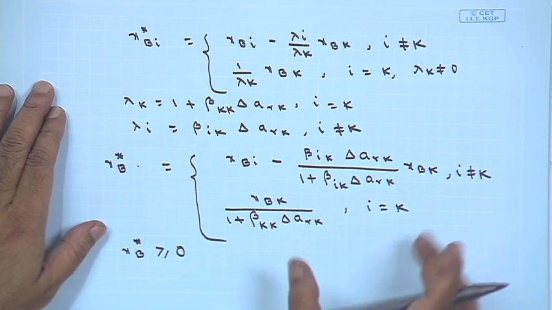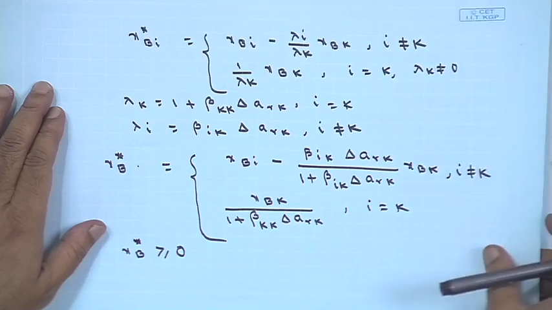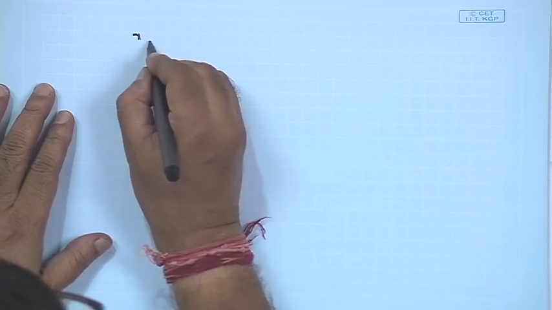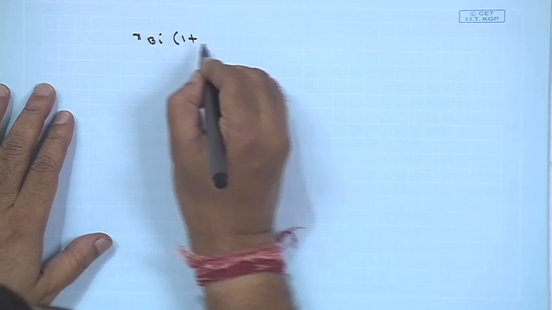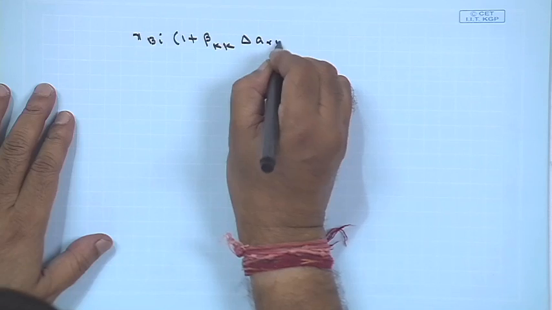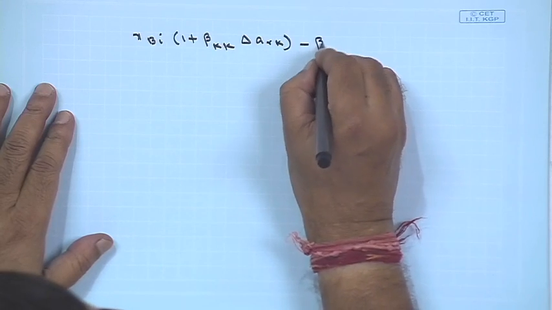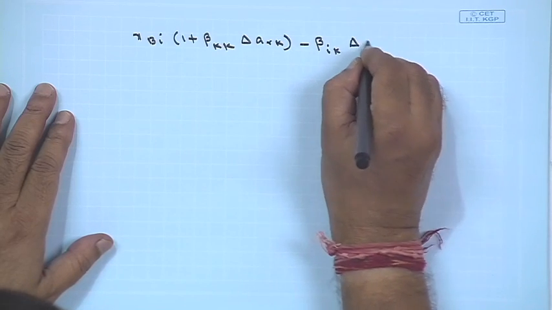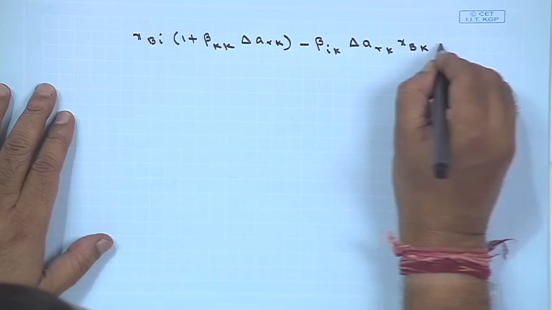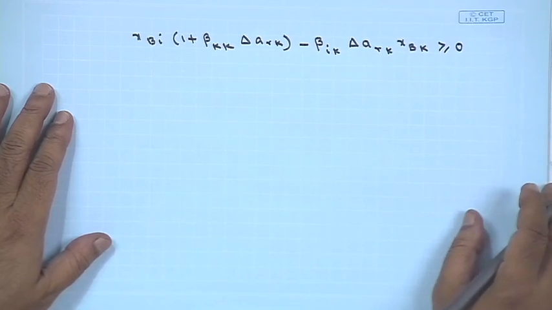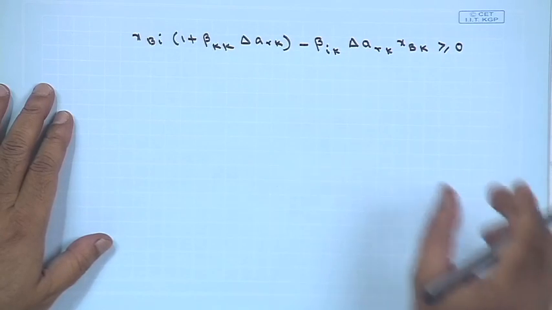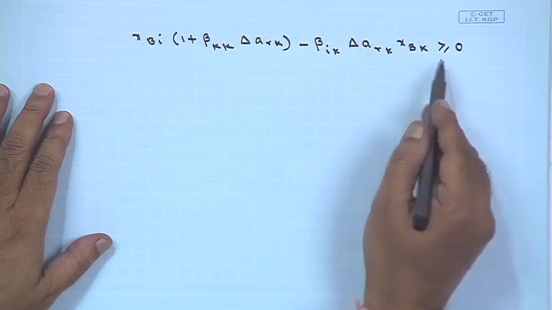So, therefore, this quantity should be greater than or equal to 0, or in other words, you can write x b I into 1 plus beta k k delta a r k minus beta I k into delta a r k x b k is greater than or equal to 0, which implies that this quantity is greater than or equal to x b I, which we can take to that side.